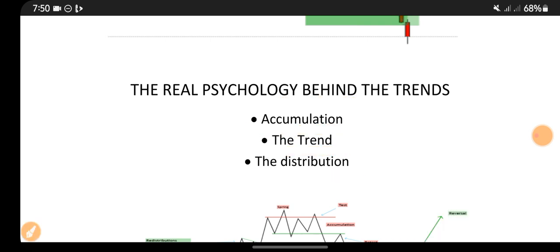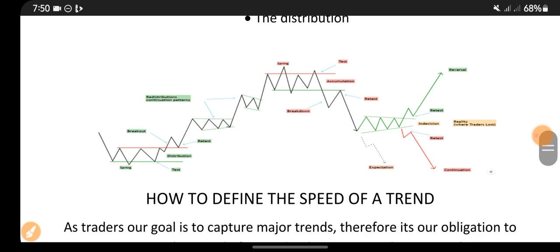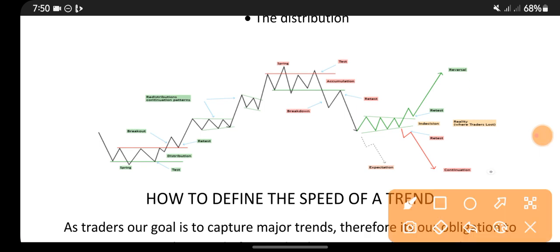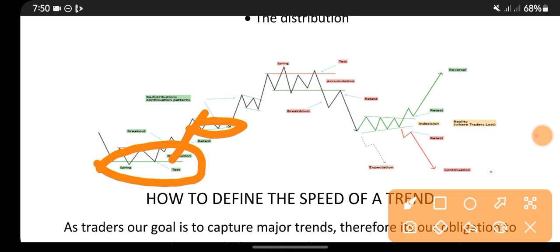Here's an example of what I'm talking about. Here, the distribution zone. Now you see the price went up. Under the distribution zone, that's the reaccumulation. The price went up again. Now trend change.